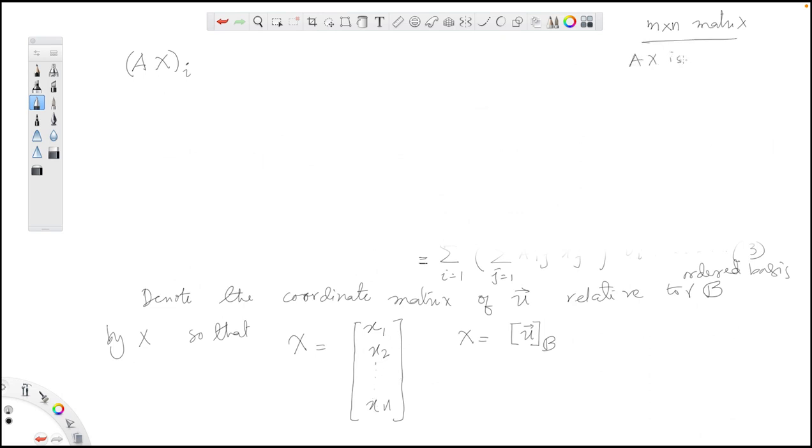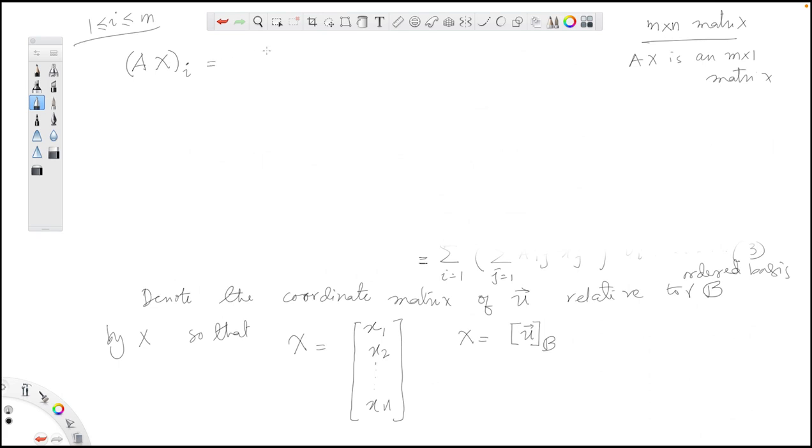So AX is an m times 1 matrix. So i runs from 1 to m. There are m such entries.